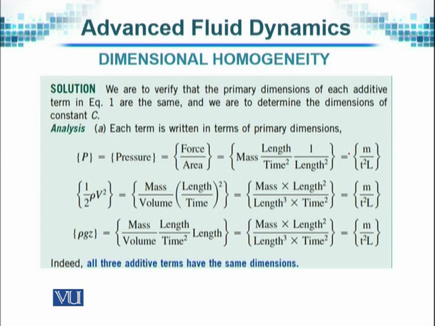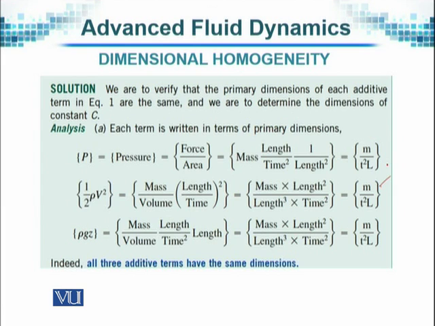So they will have the relevant dimensions. For density, we have mass over volume, and for velocity, we have length over time. When we simplify them and cancel the terms that cancel with each other, we are left with m over t square into L.